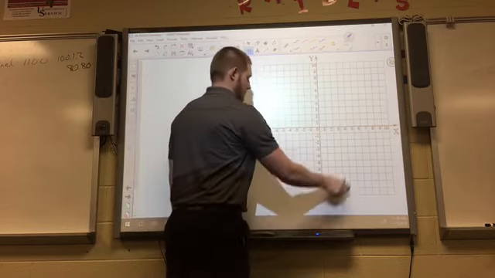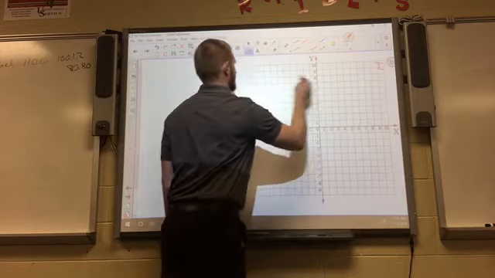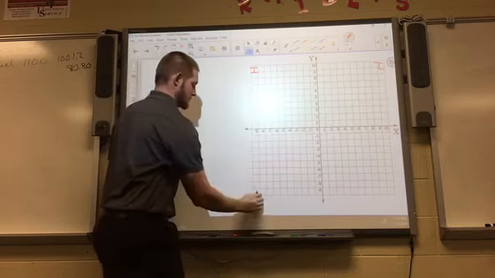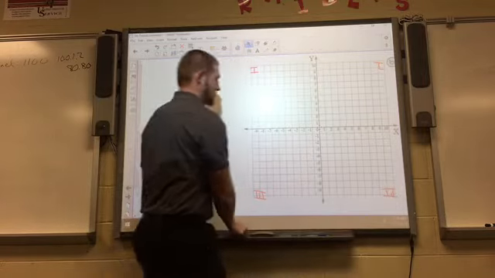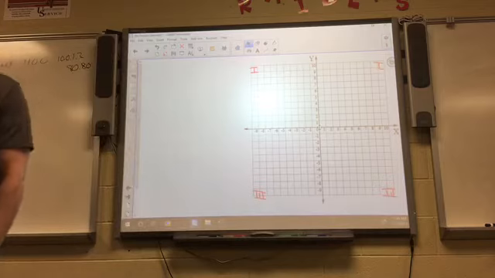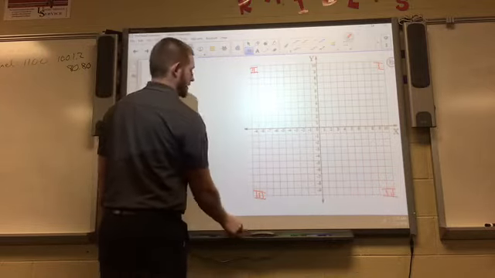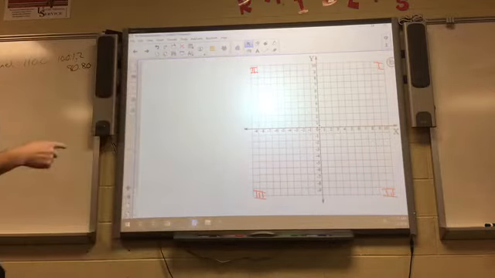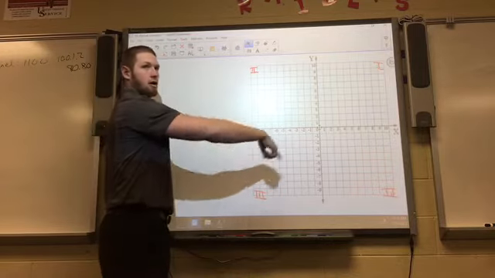What quadrant is this? 1, and this is 2, and this is 3, and this is 4. Notice when we numbered those, we numbered them in a counterclockwise manner, right? So if they tell you to rotate something 90 degrees, but don't tell you which direction to go, assume counterclockwise.